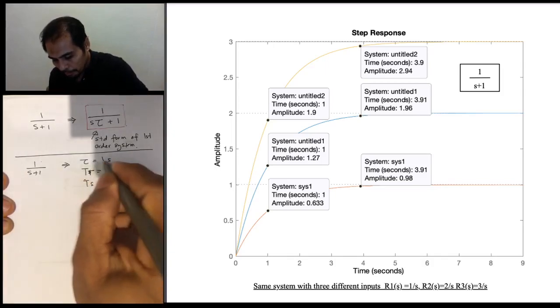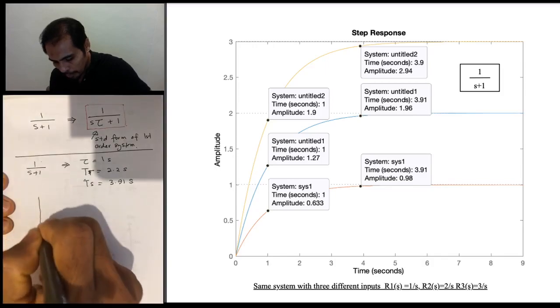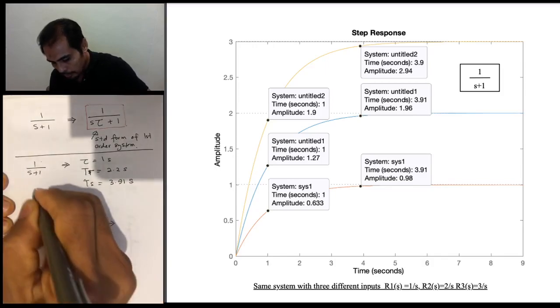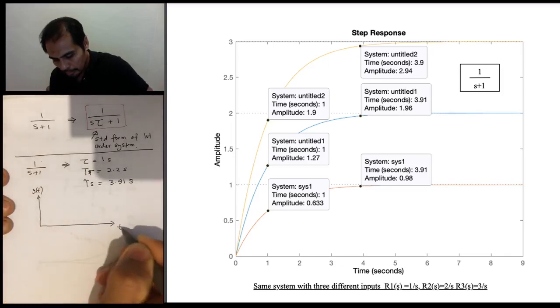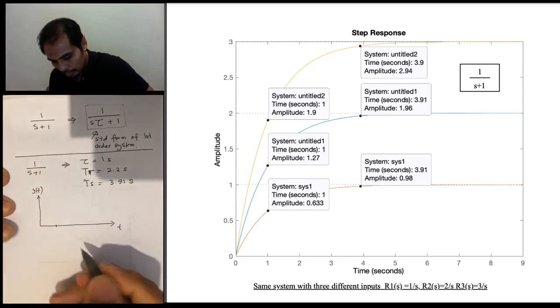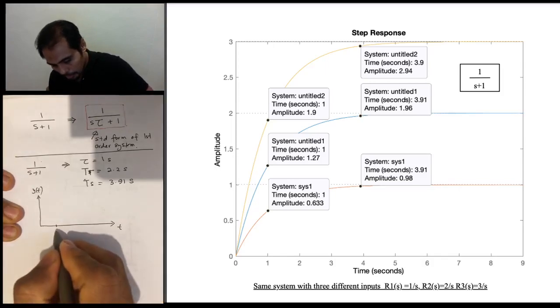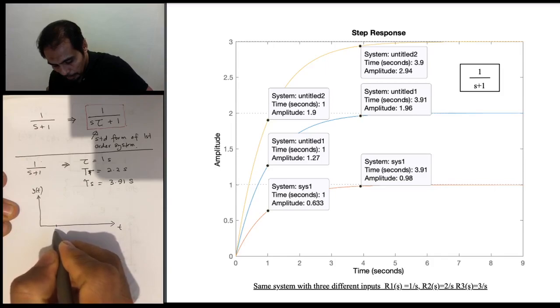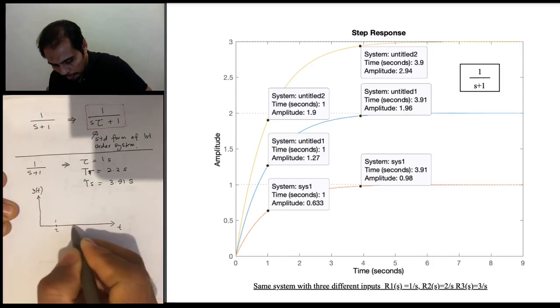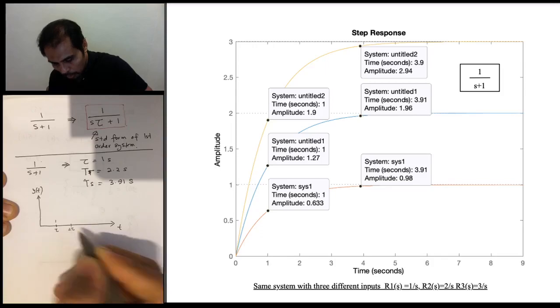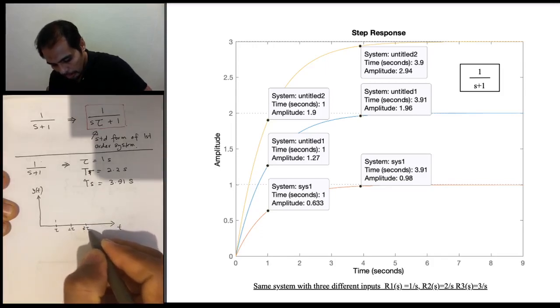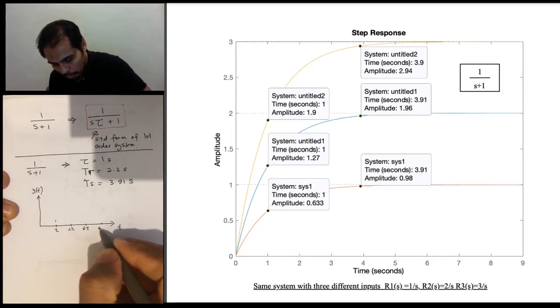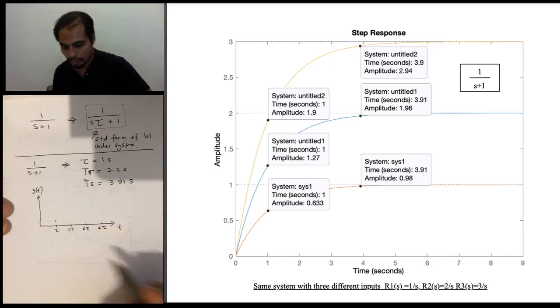Let's see why. If we assume this is our tau, which is considered 1, this is 2 tau, 3 tau, and 4 tau. This is our response.